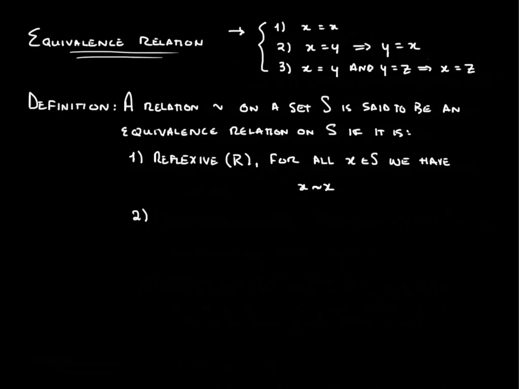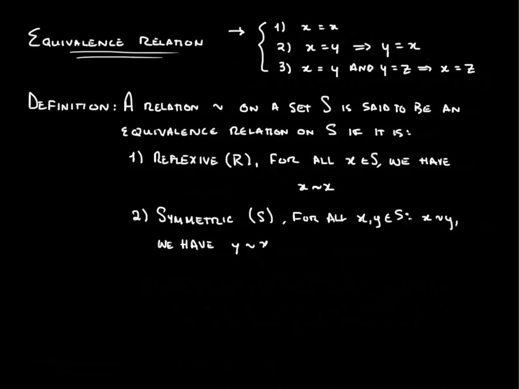Our second criteria is going to be that it is symmetric, and we'll denote that by S. That is for all elements x and y that are in S, such that x is related to y, we have that y is related to x. So equality is also symmetric.